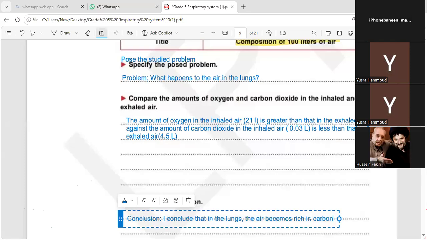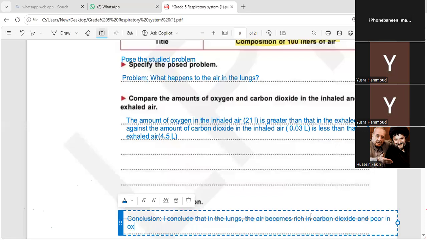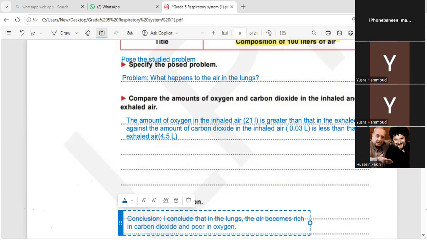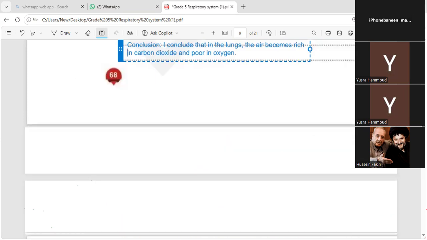And what is lacking? What decreases? Oxygen. We say becomes rich in carbon dioxide because we can't use increases and decreases. And poor in oxygen, because it's lacking. So the conclusion: I conclude that the air in the lungs becomes rich in carbon dioxide and poor in oxygen.